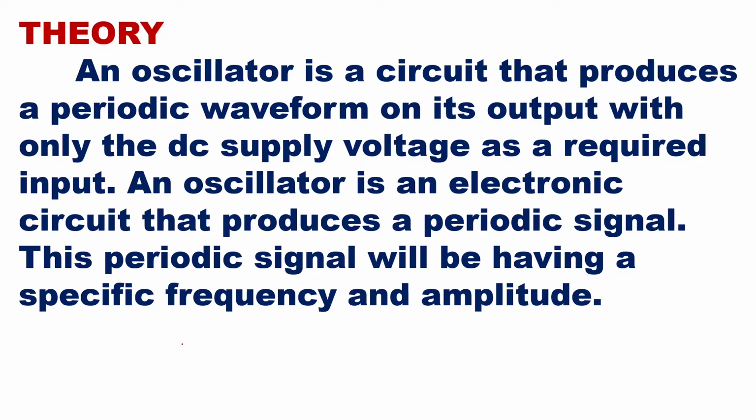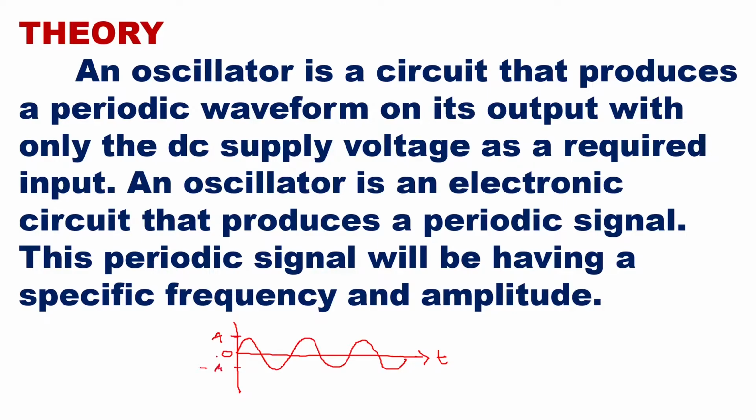If you see a waveform like this, you can see it is a repetitive waveform. Say this is one cycle, this is another cycle, this is the third cycle, and this will go on. This is your time and this is amplitude. This is the zero point, and this is the negative amplitude.